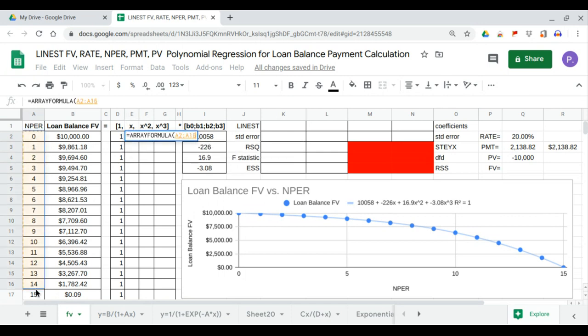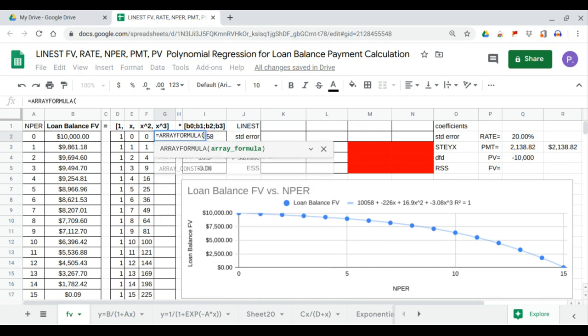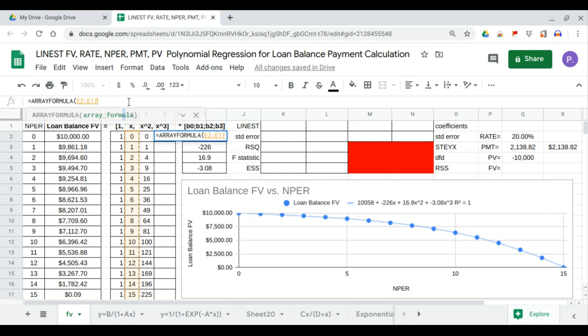Our x values will be the NPER column. And the x squared, which is equal to the formula of the x to the power 2. And the x cubed column will be the formula of the x column to the power 3.